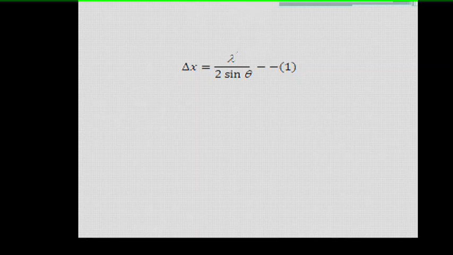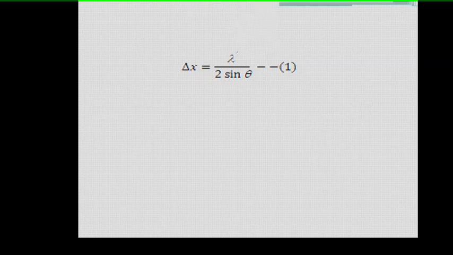Now, according to Rayleigh's criterion in optics, the resolving power of an optical instrument is the distance between the peak intensity and the first minimum of the diffraction pattern. And this expression is nothing but lambda by 2 sine theta.